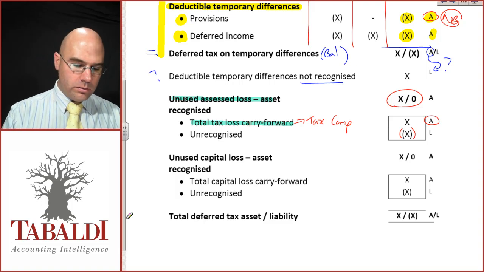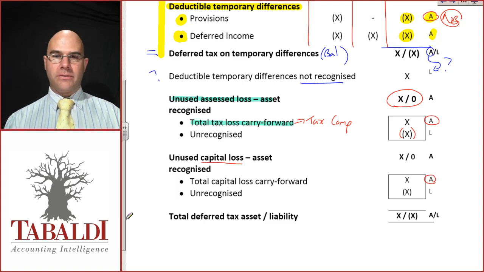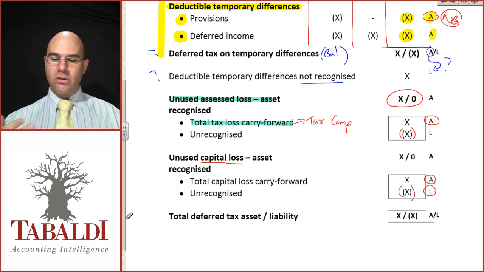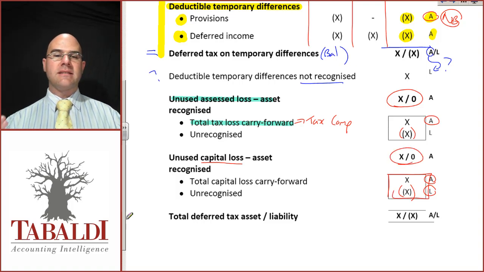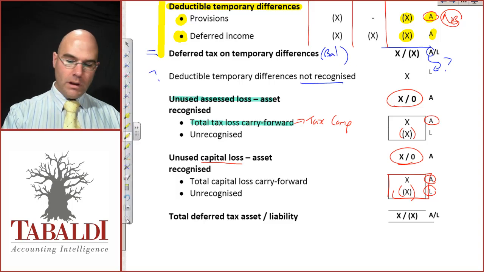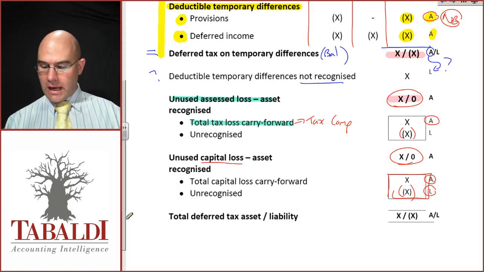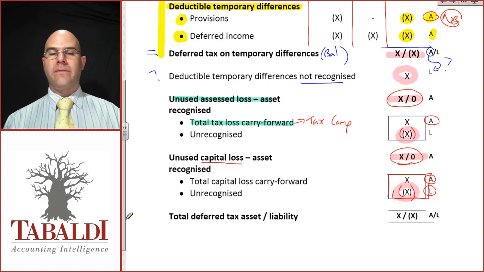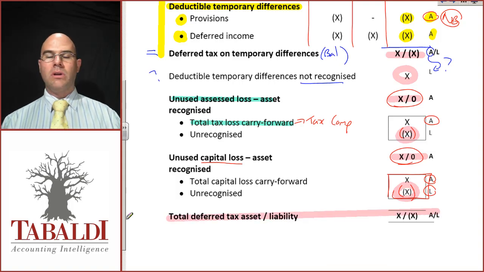The same thinking applies for unused capital losses. Carry your full capital loss forward, recognize it, and then if you have to unrecognize a portion of it, do so, and show the net effect on top as either a deferred tax asset or zero. And then last, you add up your deferred tax on temporary differences, your assessed losses, your capital losses, and any potential unrecognized deferred tax assets taken into account to get your total deferred tax asset or liability.